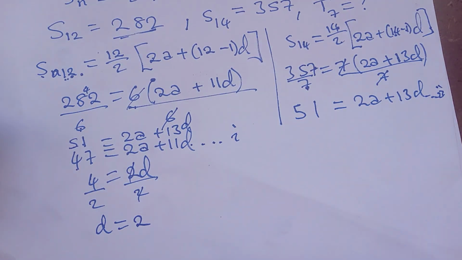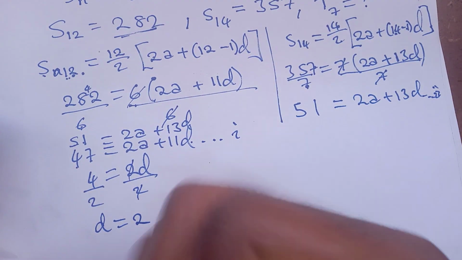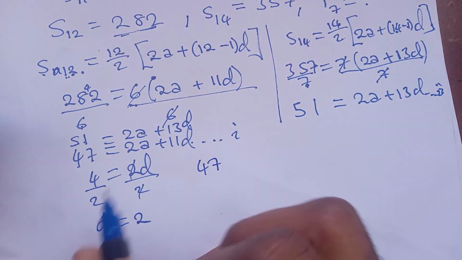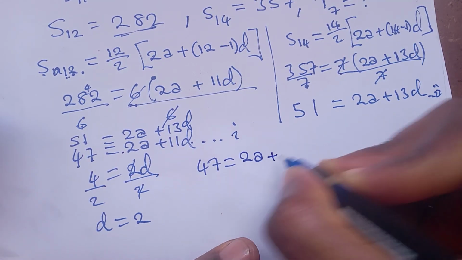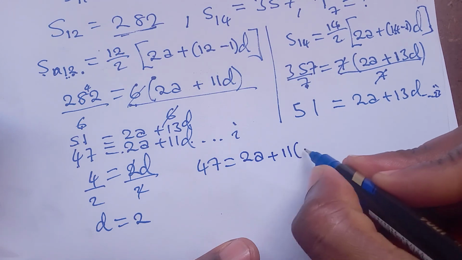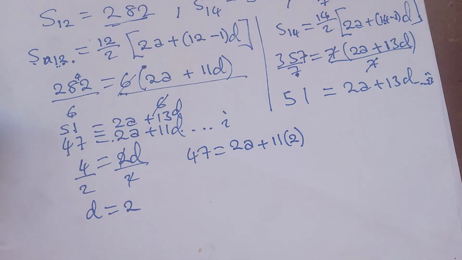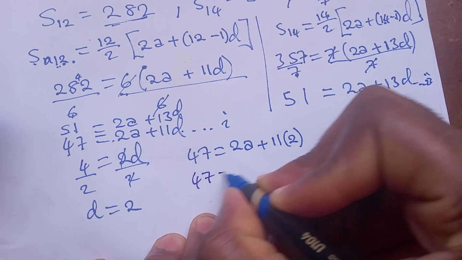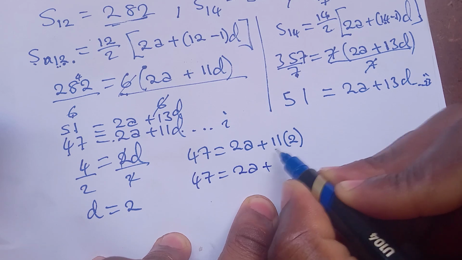And then to solve for a, you can pick any of the two equations, the way you used to pick in grade 9, I think. I'll pick this one because the numbers are smaller: 2a plus 11, and my d here is 2. So regardless of your abilities, it's better to pick the easiest equation here, because you don't want to give yourself extra work when you can solve it in an easier way.